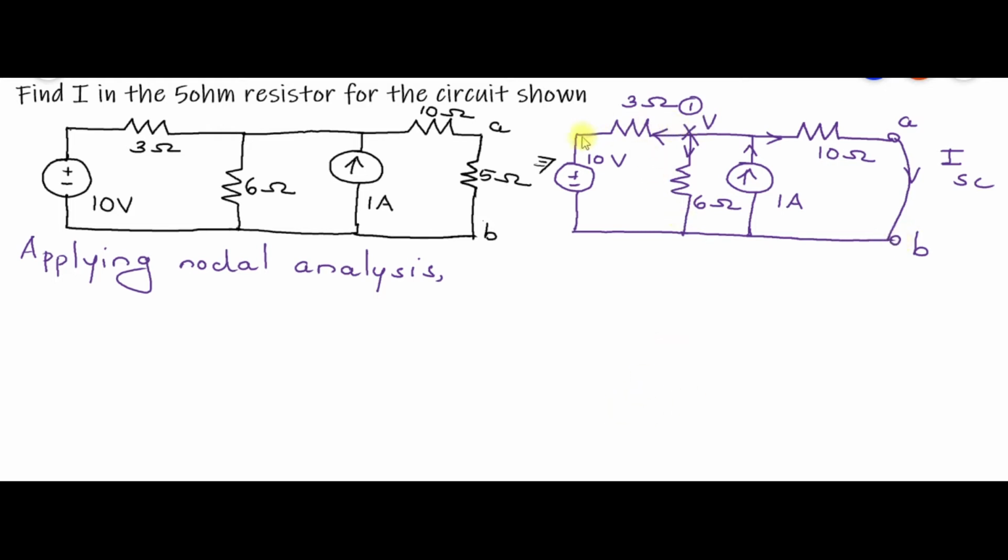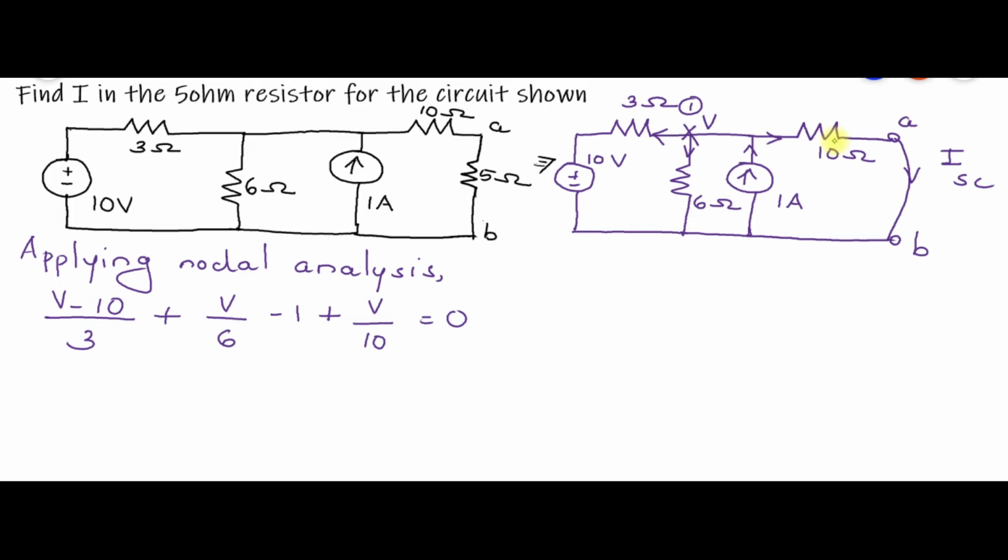So in this branch we can take (V minus 10) divided by 3, plus V by 6. Then this 1 ampere is an incoming current, so I have to assume it as minus 1. Then plus V by 10 is equal to 0.